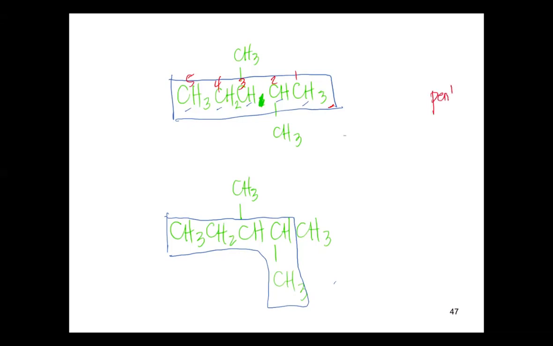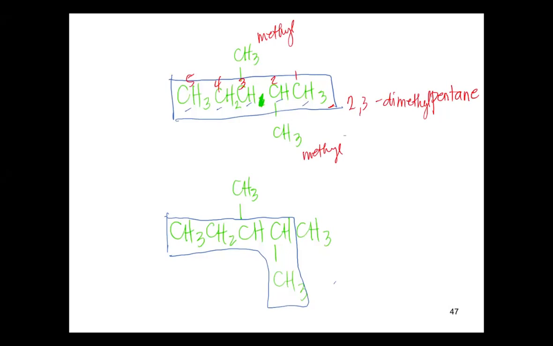Ang parent chain ay pentane. Sa carbon 2, you have methyl. Sa carbon 3, this is methyl. So, ang name ng compound is 2,3-dimethyl pentane.